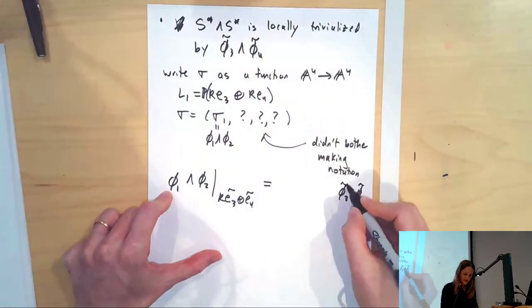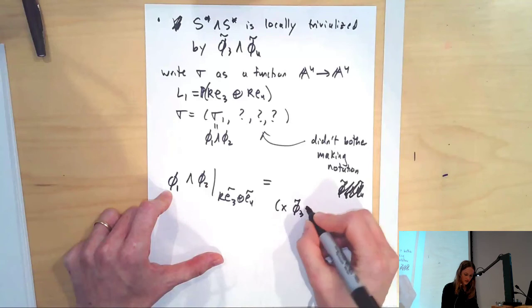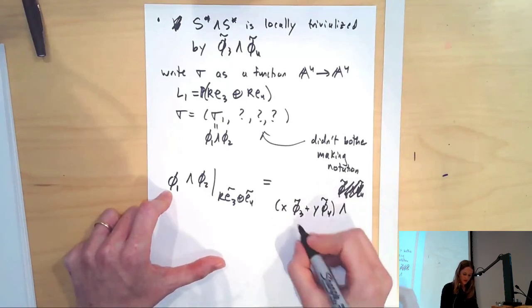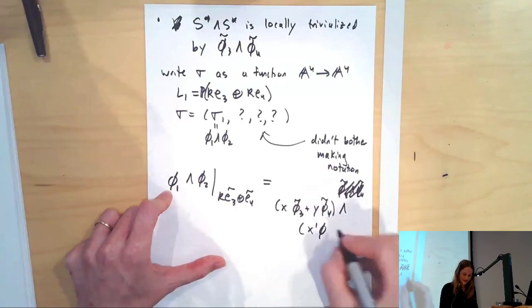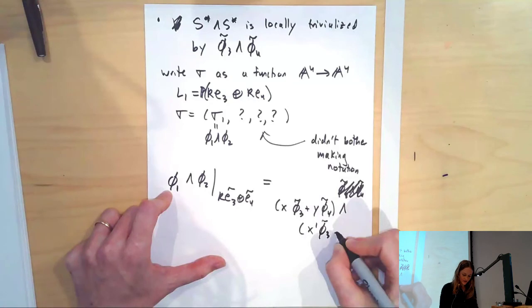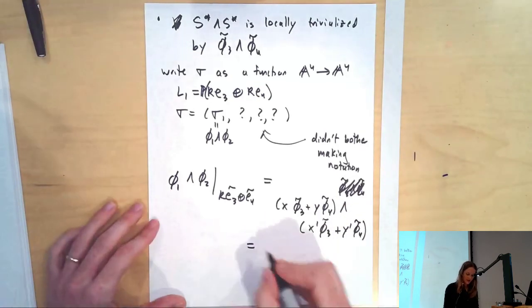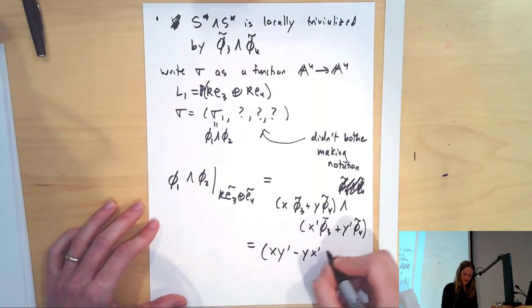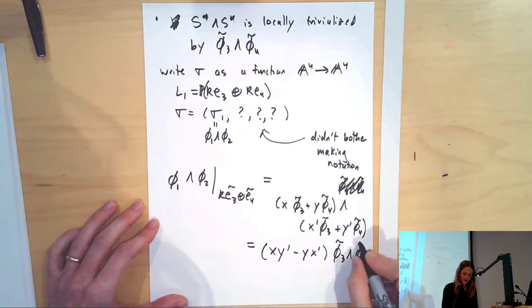So let's do this in some steps. We've got x phi 3 twiddle plus y phi 4 twiddle, wedge x prime, now that we've done the hard thing once, it's just the other one, phi 3 twiddle plus y prime phi 4 twiddle. And so we see that as a function, we get x y prime minus y x prime, times phi 3 twiddle wedge phi 4 twiddle.